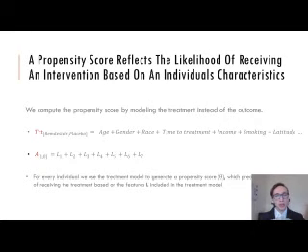To do that, we need to understand how we compute the propensity score. The way we compute the propensity score is by building normally a logistic regression where the y, or the outcome, the dependent variable, is treatment or the intervention. So we have in this example remdesivir and placebo. And then we build a logistic regression using the characteristics of the individuals in the cohort that we're studying.